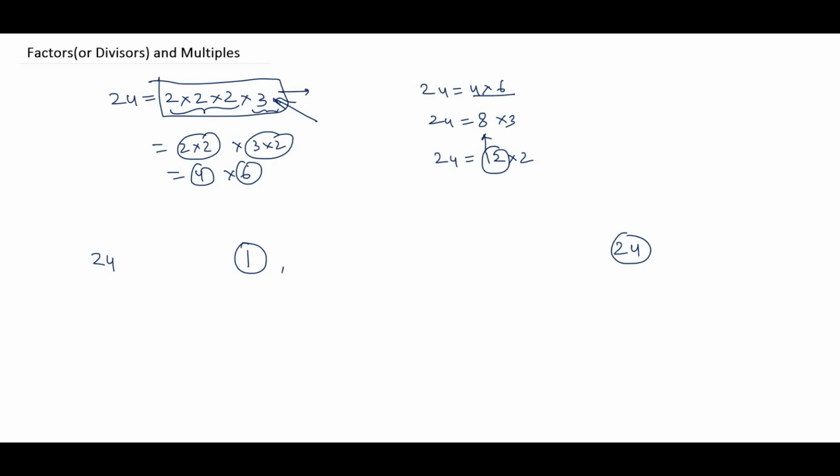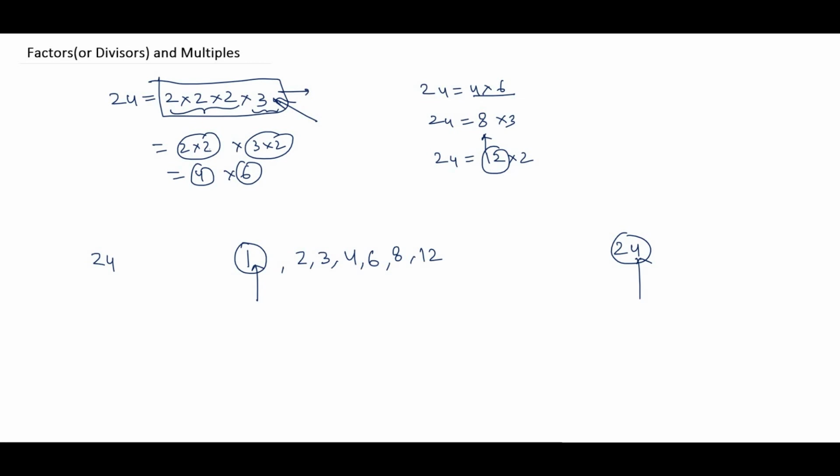Now we will write the proper ones: 2, 3, 4, 6, 8 and 12. These are the different factors of 24, right? Always take starting point as 1 and ending point as the number. So we have 1, 2, 3, 4, 5, 6, 7 and 8 factors of 24, right?